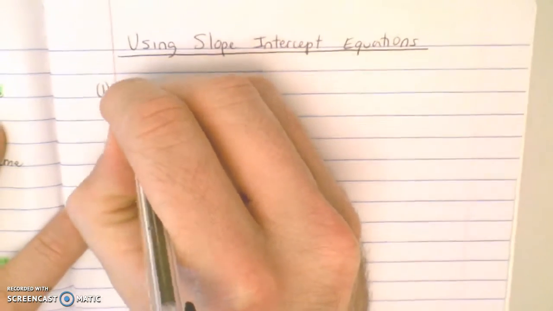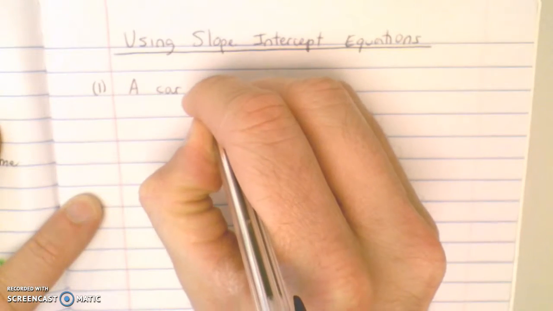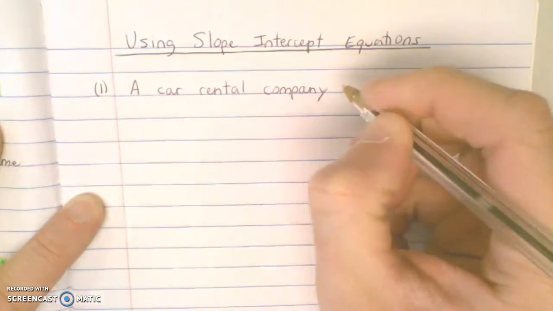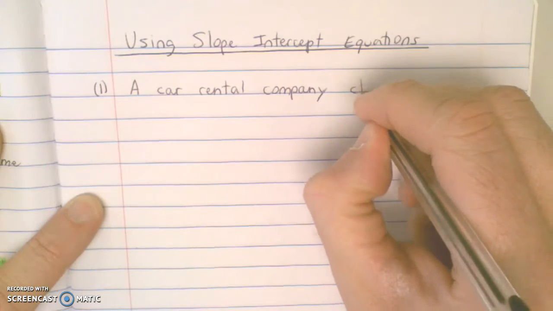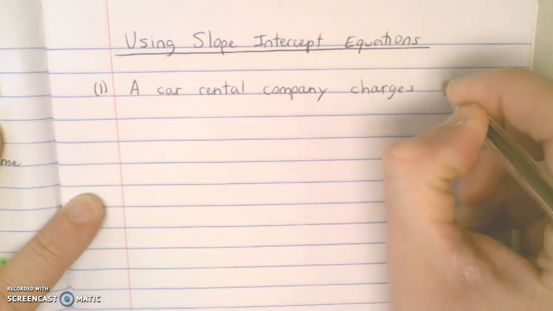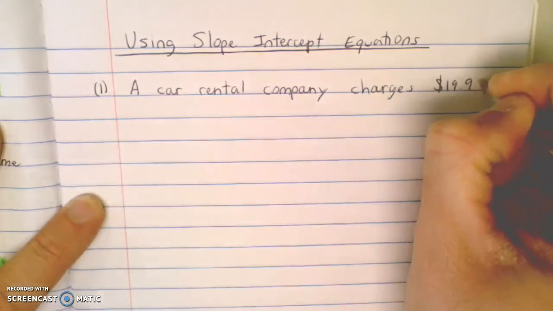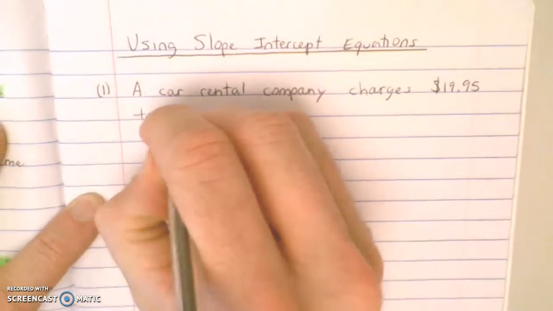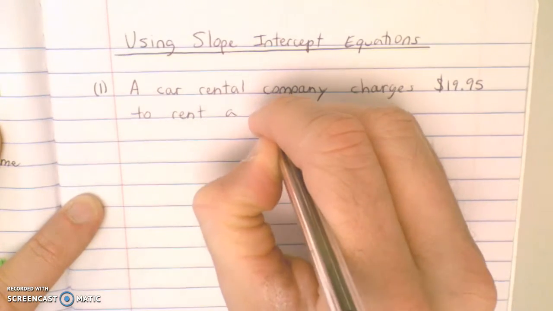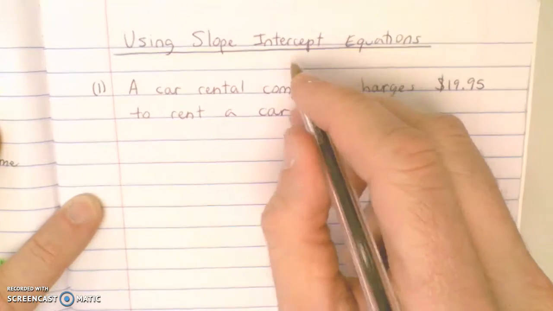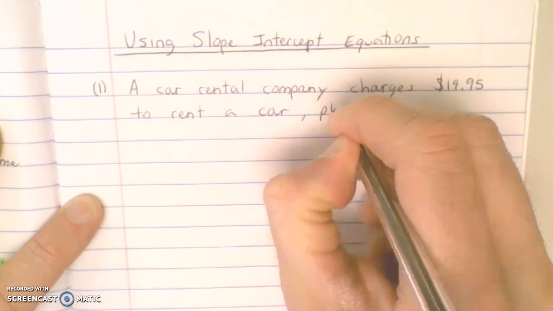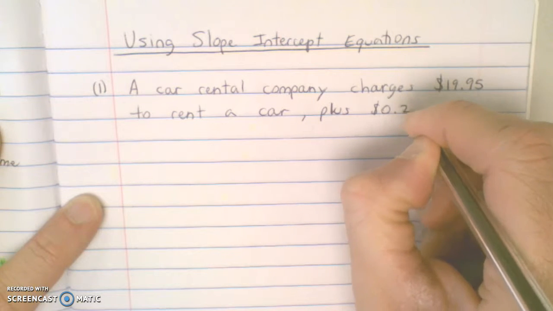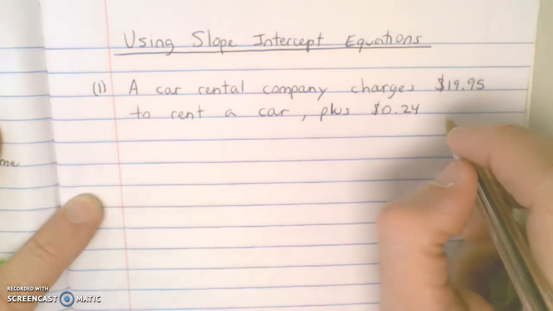So let's say a car rental company charges $19.95 to rent a car plus 24 cents per mile driven.